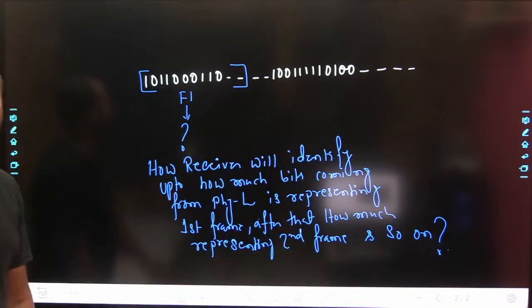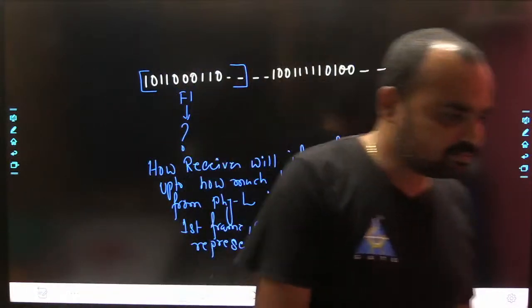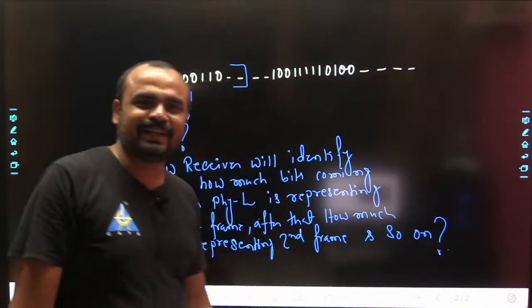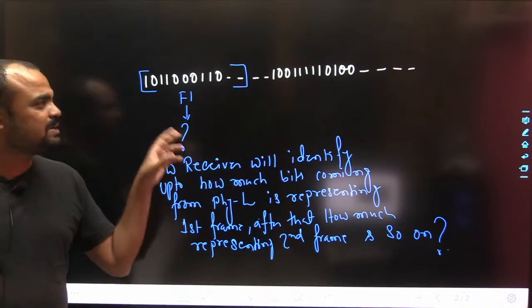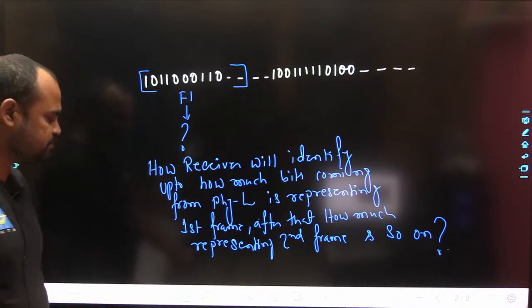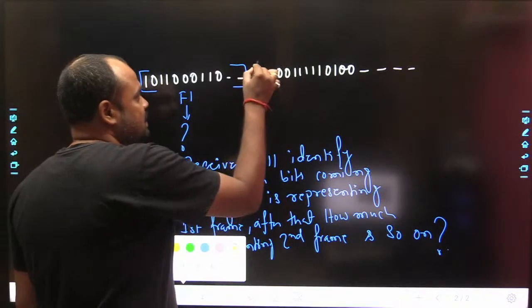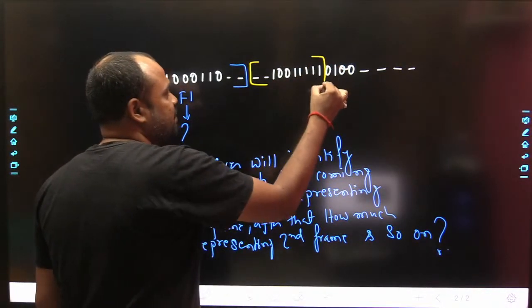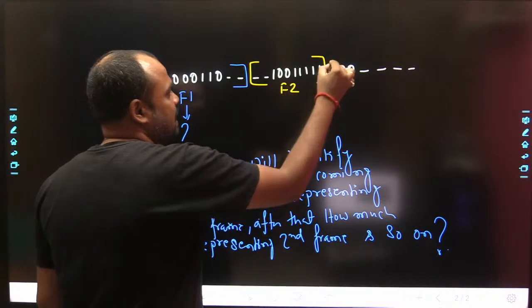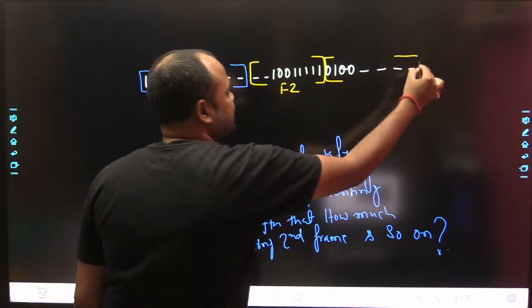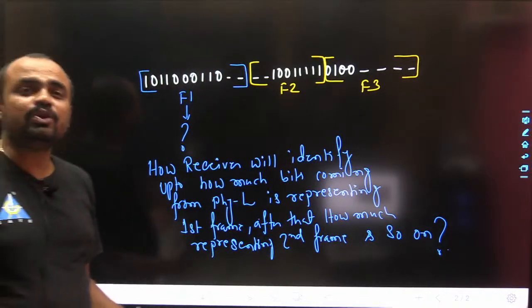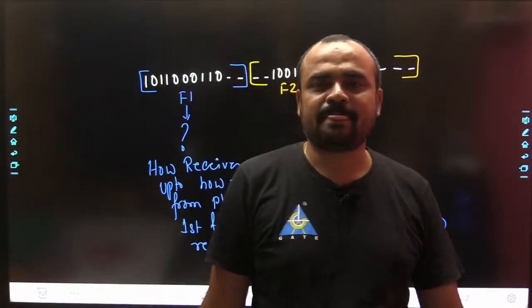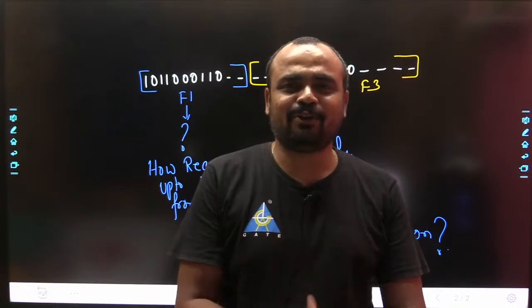What I am trying to say, everyone? So how much sequence of bits is representing the first frame? How much sequence of bits is representing the second frame, that is frame number 2? And how much sequence of bits is representing the third frame, that is frame number 3? How would the receiver be able to identify this? Are you getting my point or not, everyone?